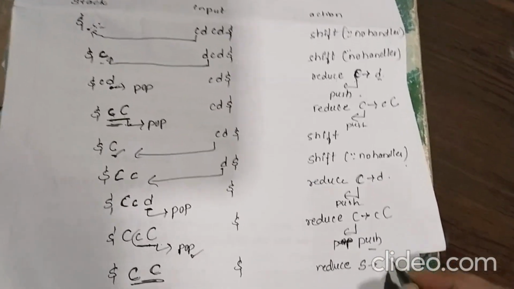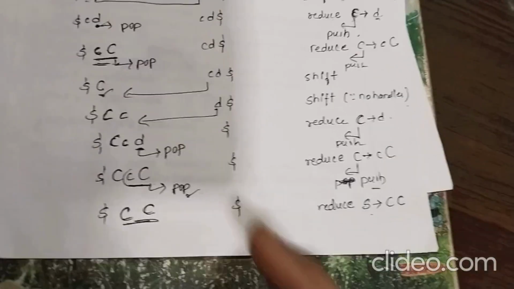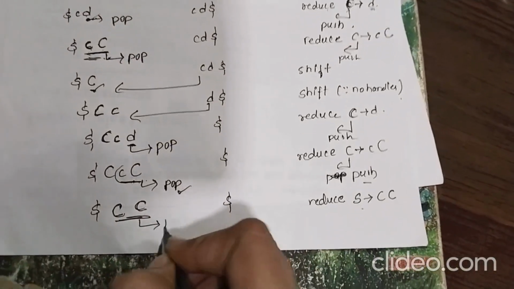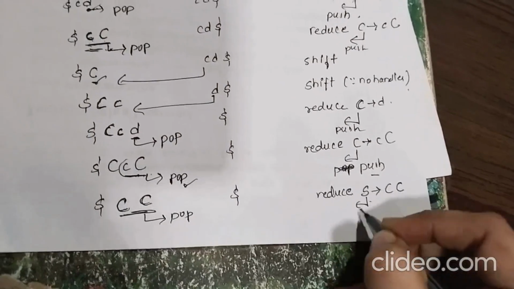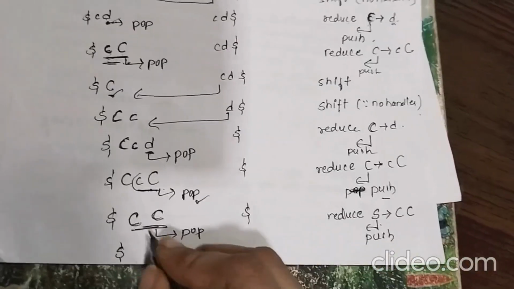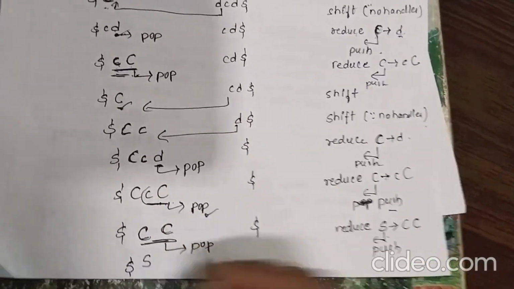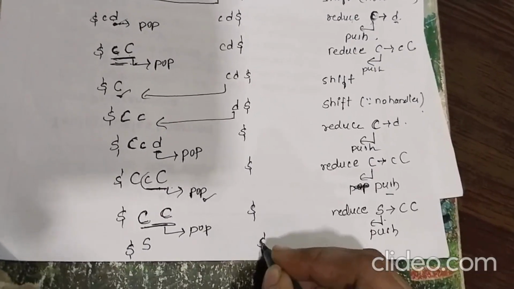Reduce, from which we are deriving it. S produces capital CC. So while popping, what you need to do? You need to pop this and you need to push this. So finally we get, push this S, and this is dollar.